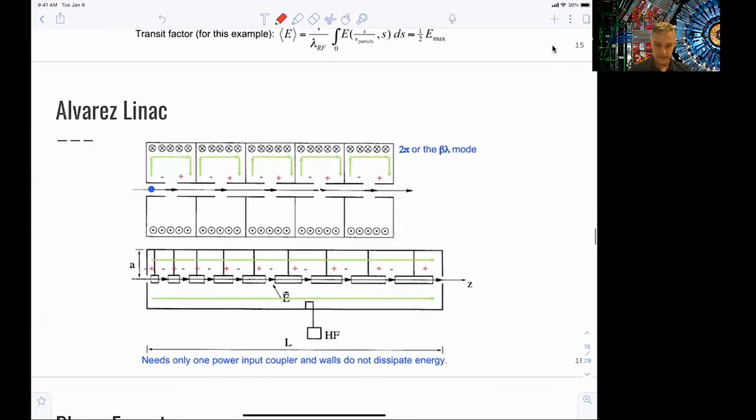Again, the Alvarez Linac is a very similar concept. The advantage here is that you only have one power input, which then you couple, and the walls of the machine don't dissipate energy. So once you have an accelerator structure in place, you also want to make sure that the structure itself doesn't interfere with the beam, that the power transfer is as efficient as possible, such that you can get more for your buck.